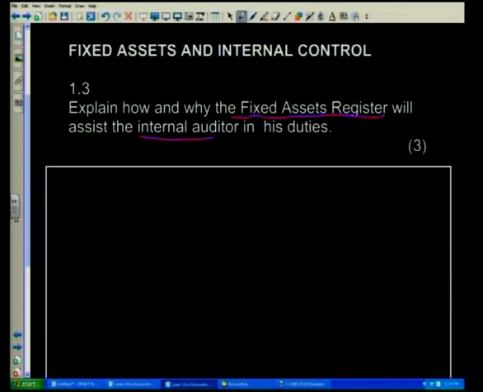So it will include information such as the cost price of the asset, the accumulated depreciation of the asset, the date that it was bought, the serial number or the license number, and various other pieces of information like that. Now the question is asking us, how will the fixed assets register assist the internal auditor in his duties? Well, a very important thing for the internal auditor to do is to check the existence of the fixed assets.